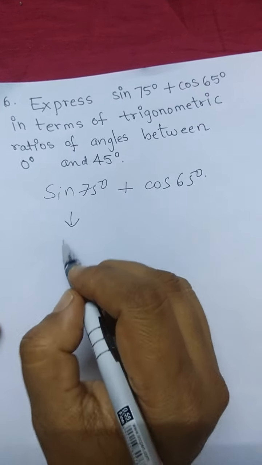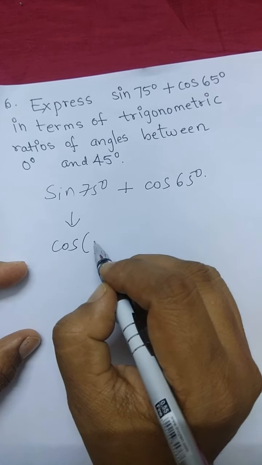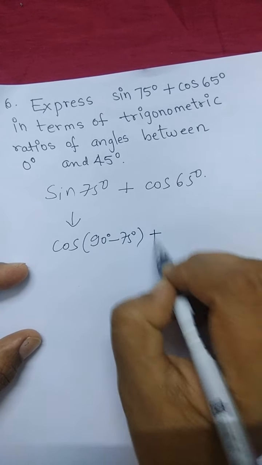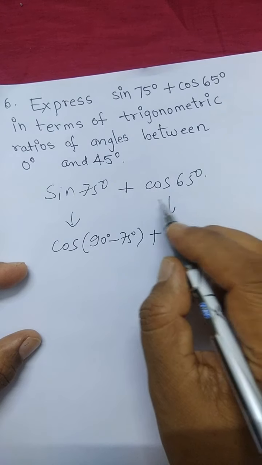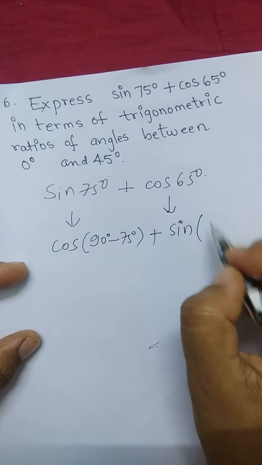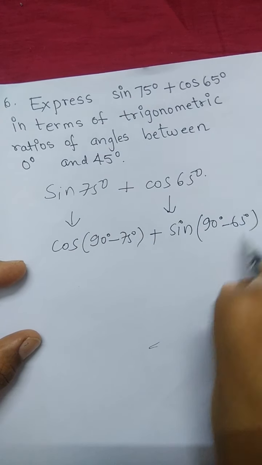Convert. Sine's complementary ratio is cos, and the complementary angle of 75 degrees is 90 minus 75 degrees. Plus cos's complementary angle ratio is sine, and the complementary angle of 65 degrees is 90 minus 65 degrees.